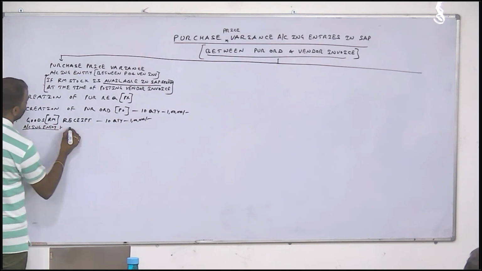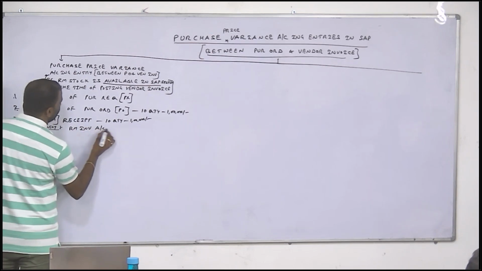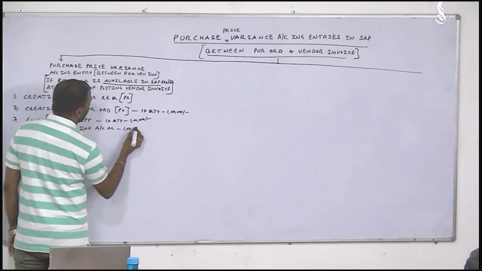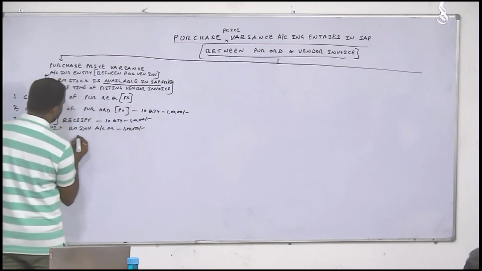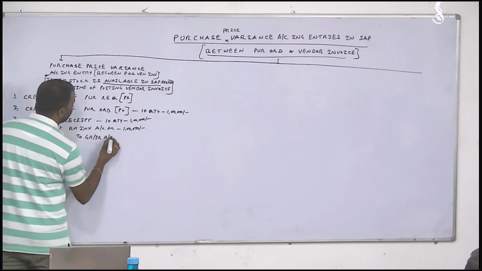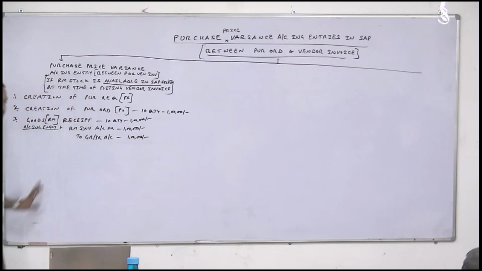What is the accounting entry? Raw material inventory account debit. How much? 1 lakh. To GR IR account. How much? 1 lakh. Right? Everyone is clear, right?